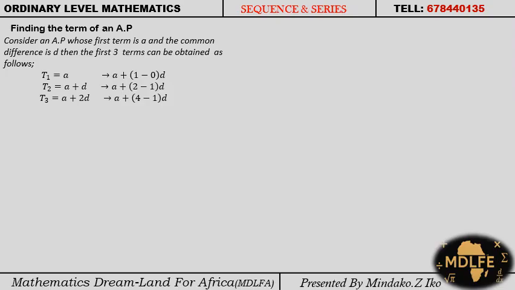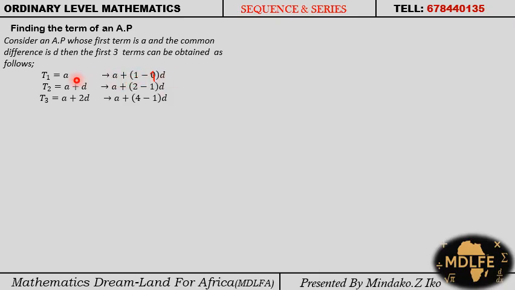It was supposed to be 1 minus 1, not 1 minus 0. So we have a plus 1 minus 1, which is 0, and 0 times d is 0. So 0 plus a is actually a.